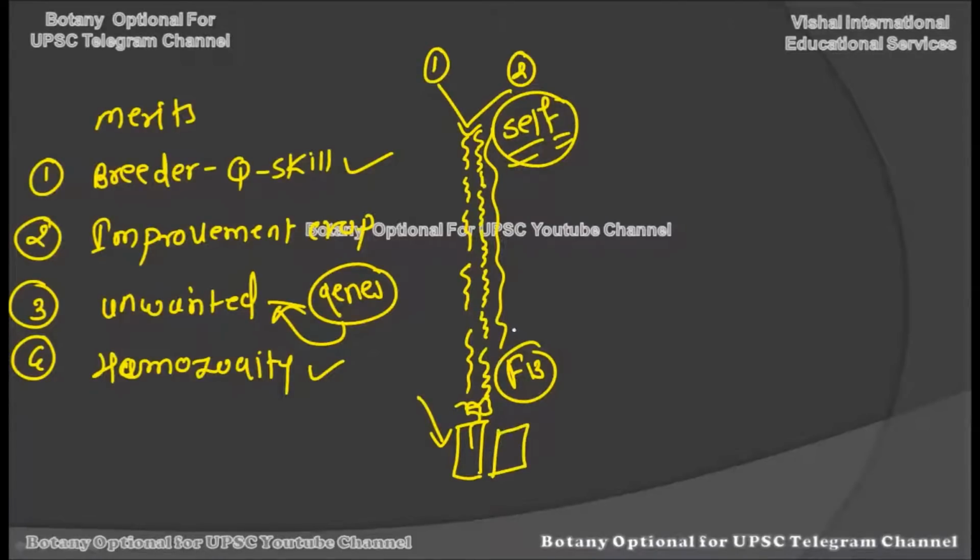So here what we are doing is achieving homozygosity, so that whatever genes interest us should only remain at the end of the process, and whatever genes are not of our interest get removed through this process. So through self pollination, we are rapidly acquiring this homozygosity. So this particular homozygosity is rapidly achieved through the process of pedigree analysis. So this can be considered as the fourth merit of pedigree analysis.